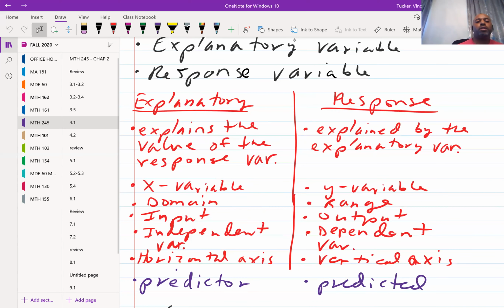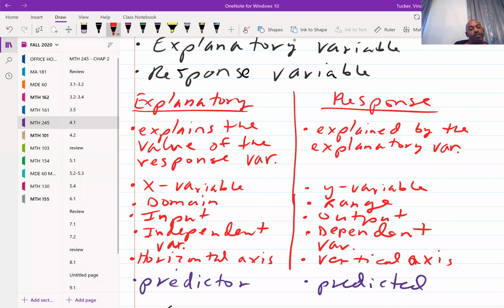All right, so here we go. The differences between our explanatory variable and our response variable. Your explanatory variable explains the value of the response variable, and your response variable is explained by your explanatory variable; it responds to it. So explanatory will always be X, response will be Y, and then all of the other differences that come along with being X versus Y: domain versus range, input versus output.